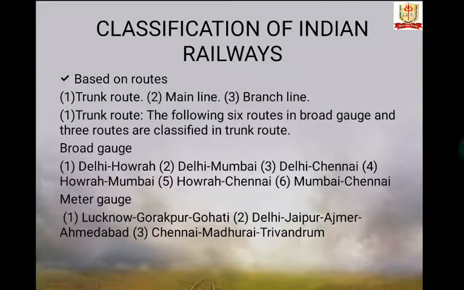Trunk routes: 6 routes in broad gauge and 3 routes in meter gauge are classified as trunk routes. Broad gauge: Delhi Howrah, Delhi Mumbai, Delhi Chennai, Howrah Mumbai, Howrah Chennai, Mumbai Chennai. And meter gauge: Lucknow Gorakhpur Guwahati, Delhi Jaipur Ajmer Ahmedabad, Chennai Madurai and Trivandrum.